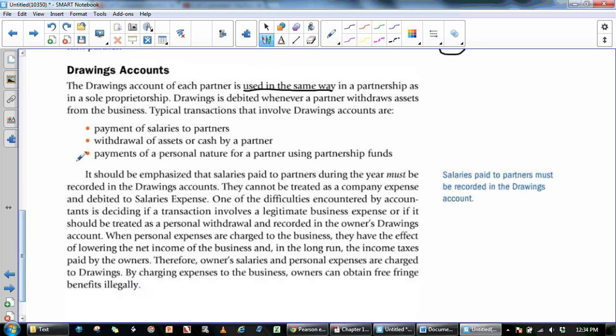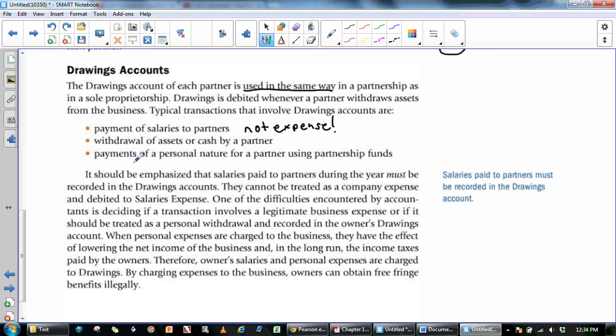Now, this is the same thing, but it's sort of a review. Why would we debit the drawings account? If we pay salaries to the partner, right? Salaries to the partner are not an expense of the business.